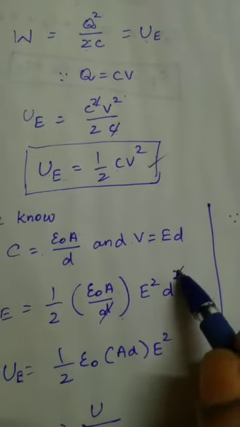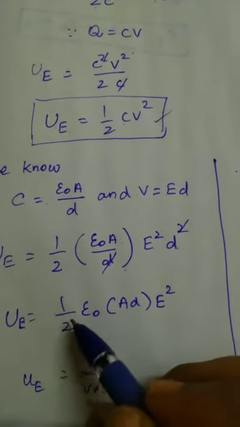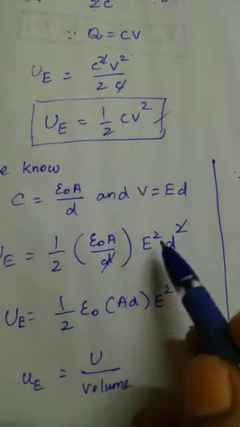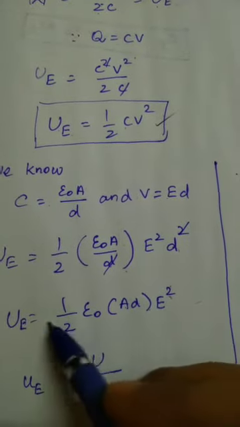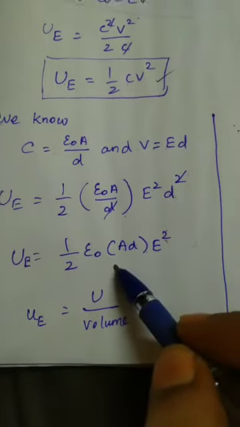D square and D get cancelled, and UE is equal to half into epsilon naught A D into E square. So this is the potential energy stored in the capacitor. Fine.